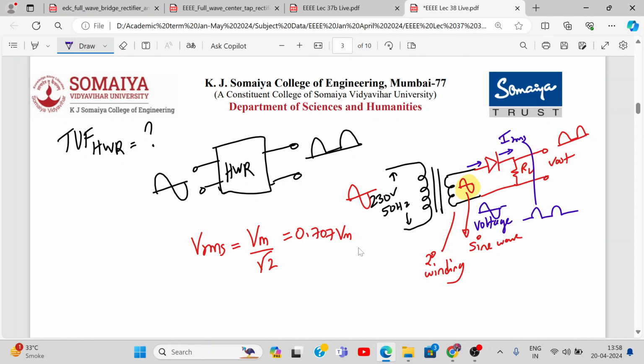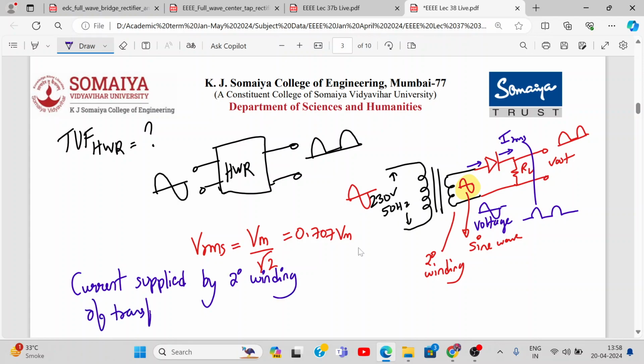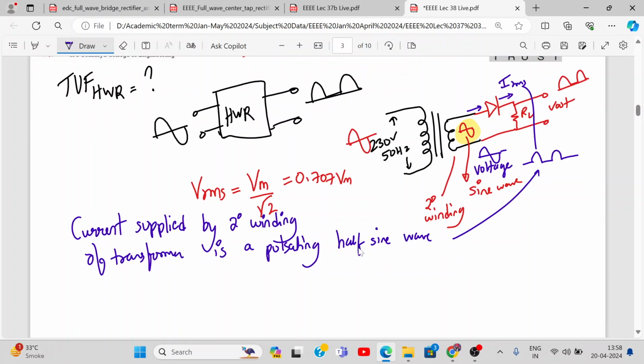The current supplied by the secondary winding of the transformer is a pulsating half sine wave. Because for the positive half cycle the diode is on, so current will be there. For the negative half cycle the diode is open circuit, so current will be zero. This is the current nature.